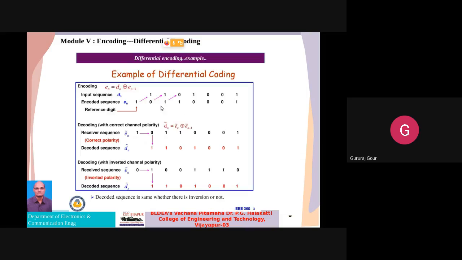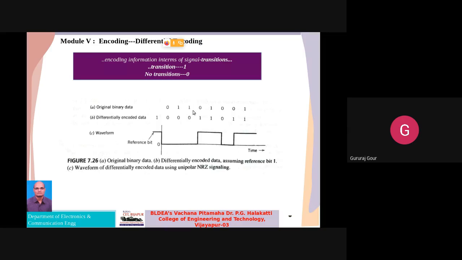Remember, we took an example of differential encoding. Differential means we are using an XOR gate, and where the transition is happening at that instant only, we have to adopt this encoding technique. While representing differential encoded data in the form of a waveform, we are using unipolar NRZ signaling.